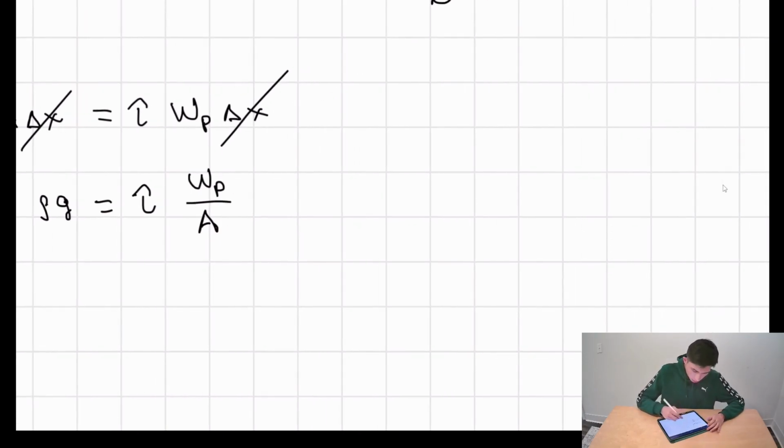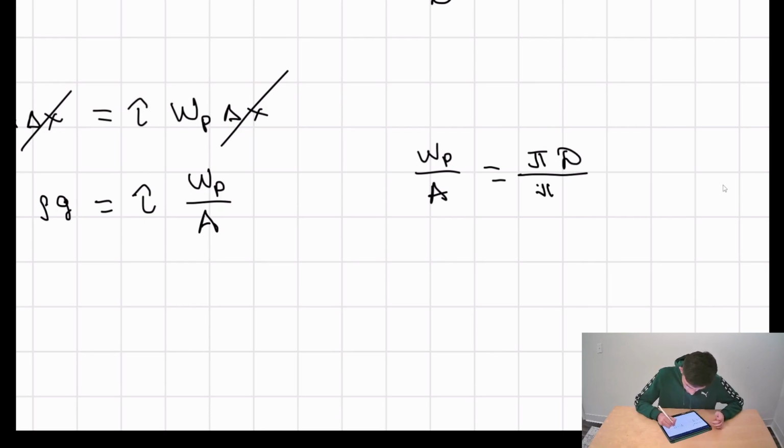Our wetted perimeter is going to be the length of the pipe, the cross-sectional length. So our wetted perimeter over area is going to be 2 pi r, and if we want to express that in terms of the diameter, that's going to be pi d, pi times diameter over pi diameter squared over 4, which is the cross-sectional area.